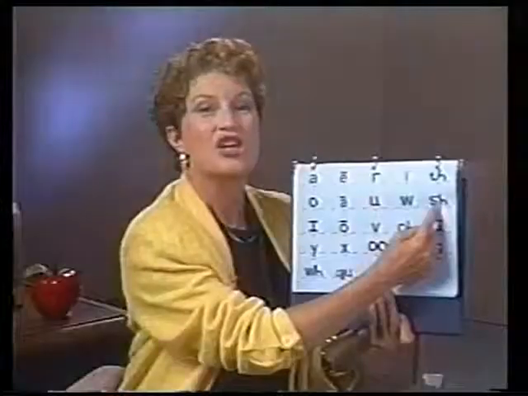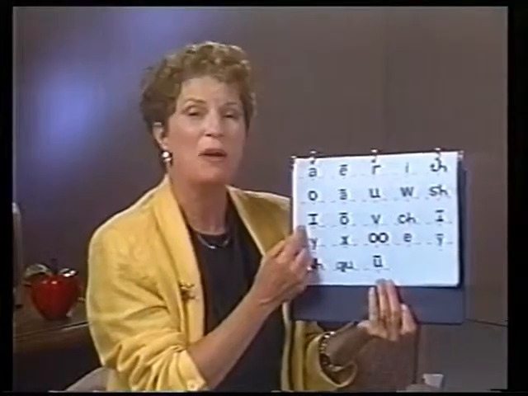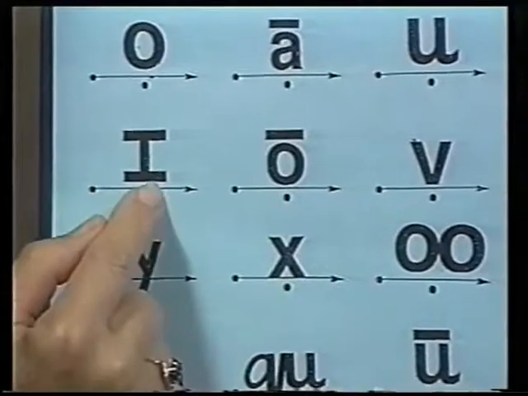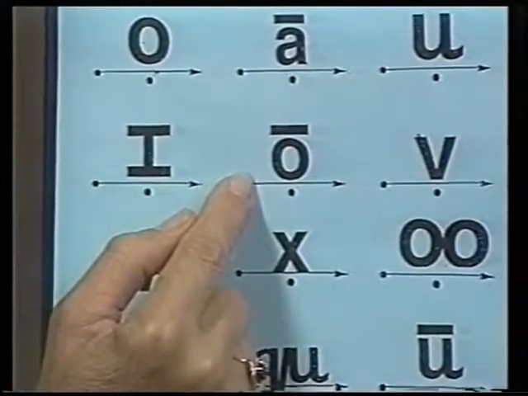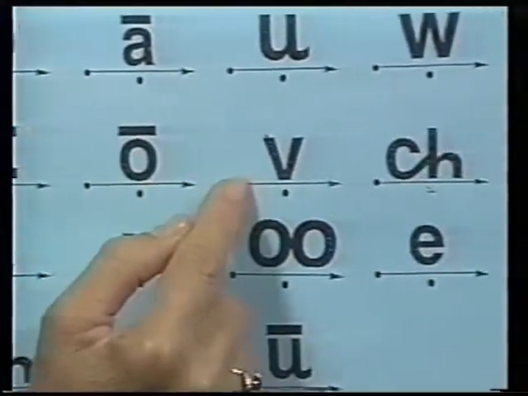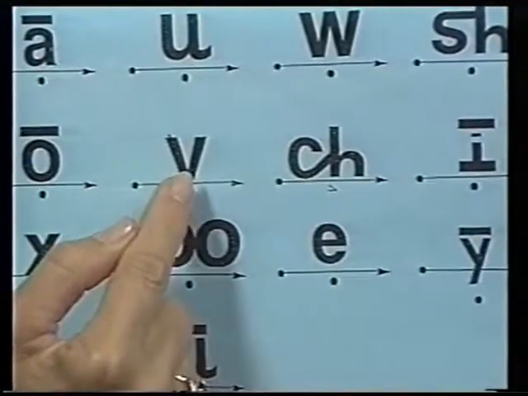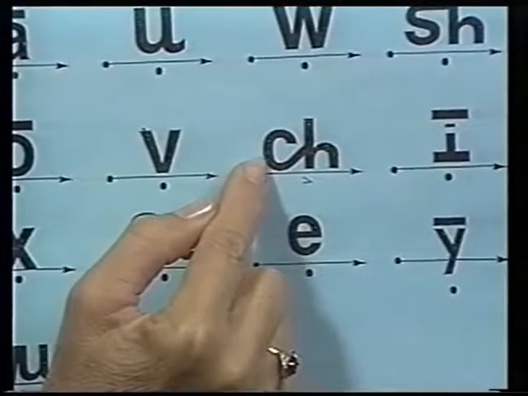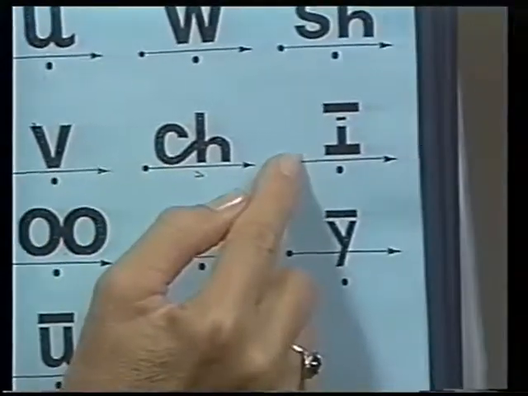Get ready. Yes, shh. Take another breath. Here we go. Remember, this is the word. Get ready. Yes, I. Get ready. Yes, oh. Get ready. Yes, v. A quick one. Get ready. Yes, ch. Get ready.